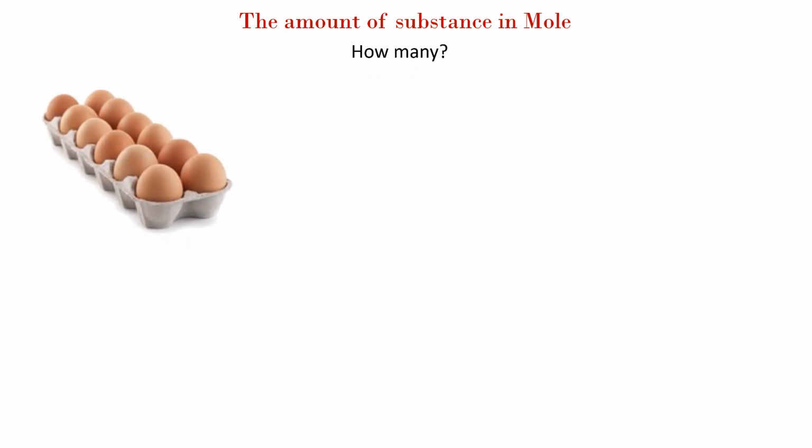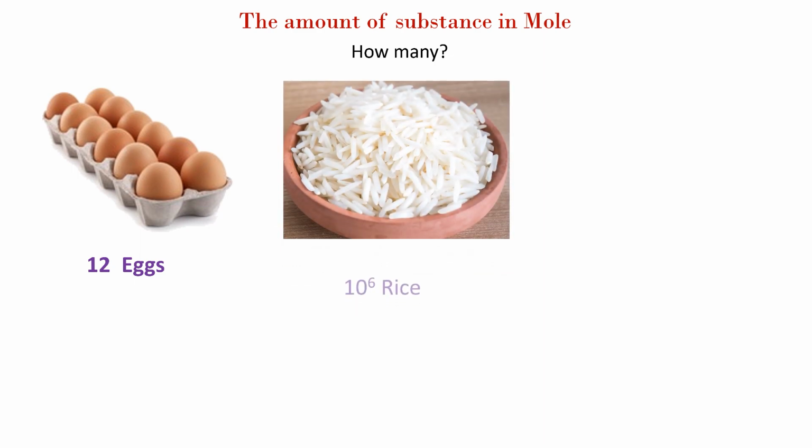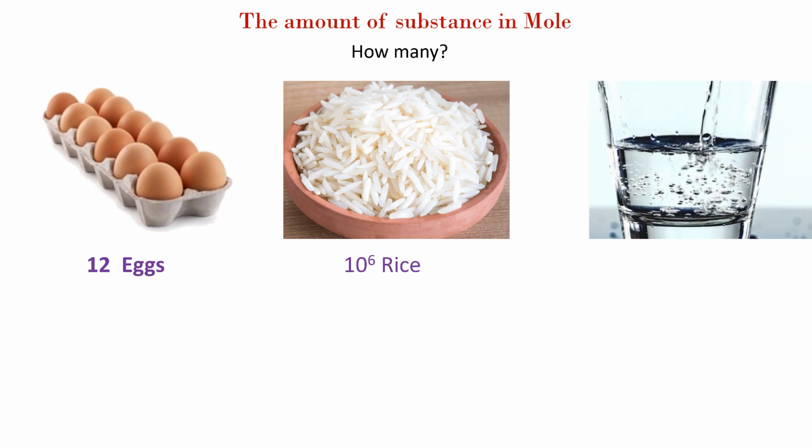Amount of substance in moles. Here we've got eggs again, 12 eggs. And rice, 10 to the power 6 number of rice. Water molecules, 6.02 into 10 to the power 23 number of water molecules.